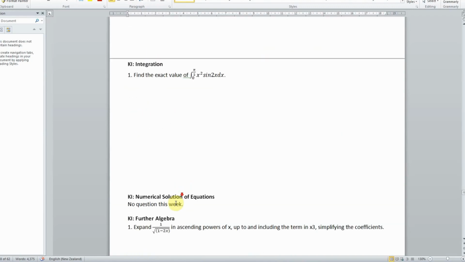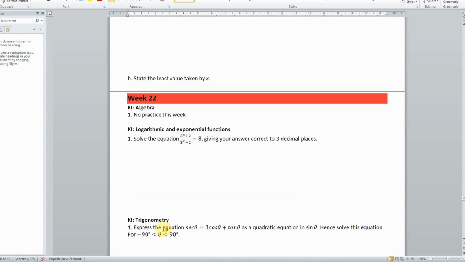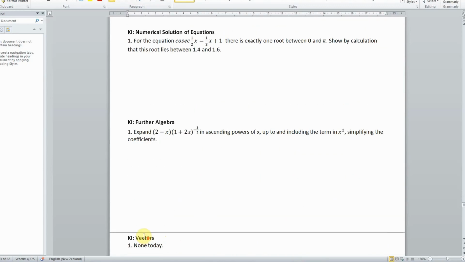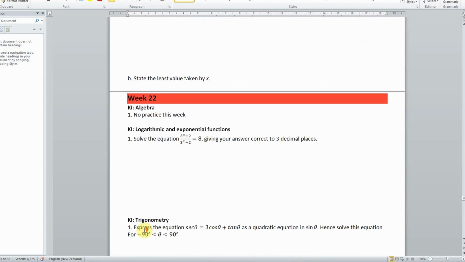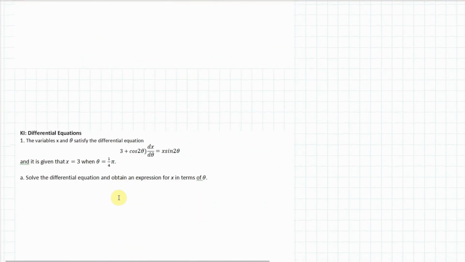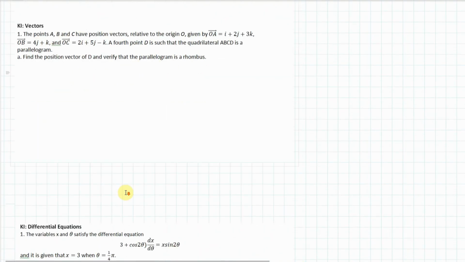So I don't know if that's disappeared from your work or not. Yeah, I really don't know what happened to that. I hope I didn't accidentally delete it or something. It was an algebra question, finding partial fractions, but I can't find it anymore, so I'll just go straight on to the vectors question. Maybe I deleted it for some reason.